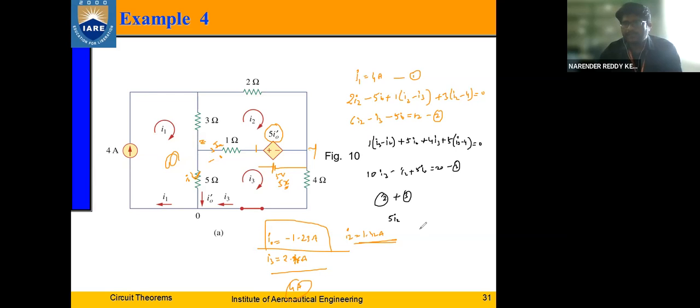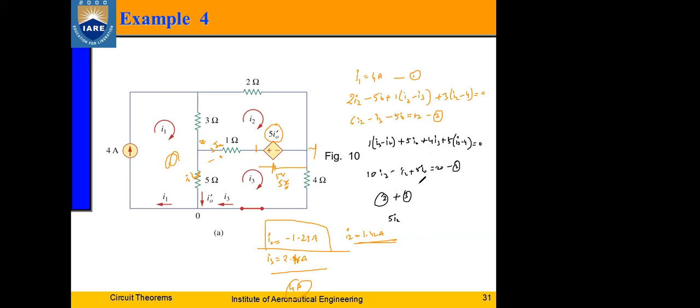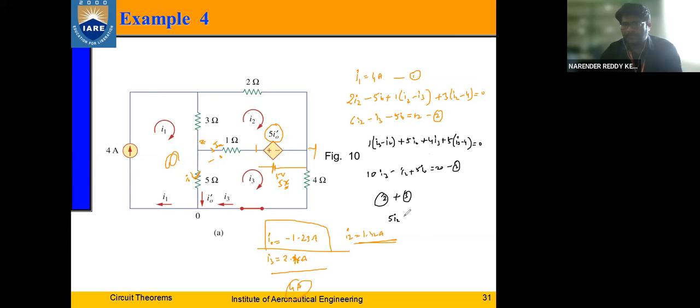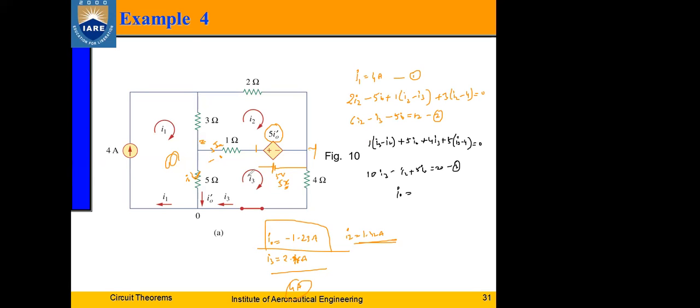Shall we directly use some replacement? The other equation is also there, sir. Which one? I naught equal to I3 minus I1. Yes, let us choose any of these then. Instead of doing this, let us substitute it common for both then. The equation will become simpler then. So what's the equation we can write for I naught is equal to? I3 minus I1.